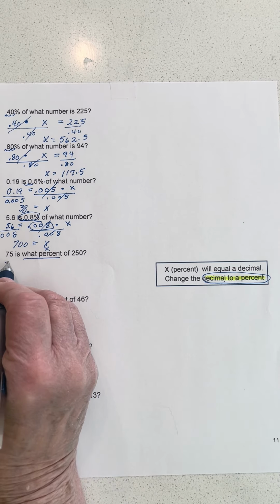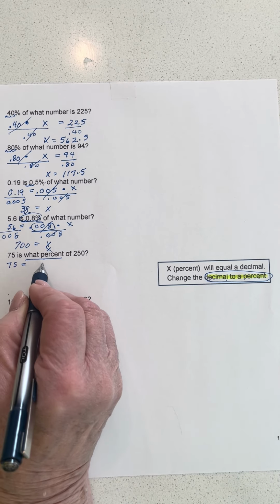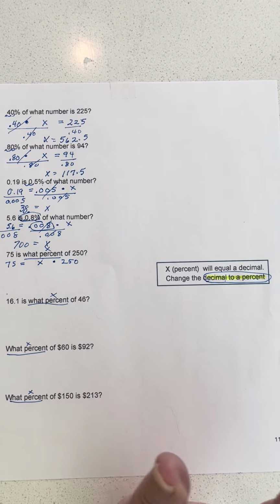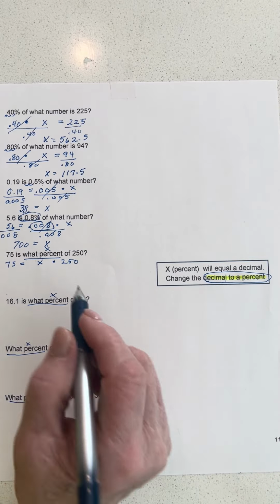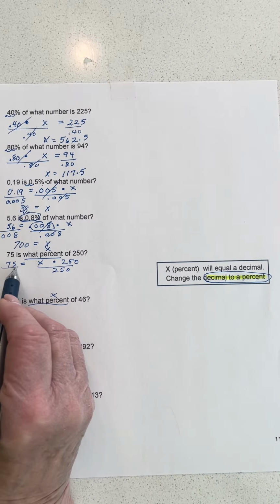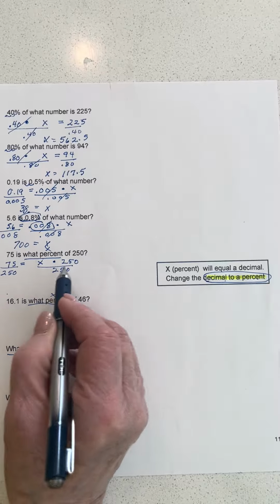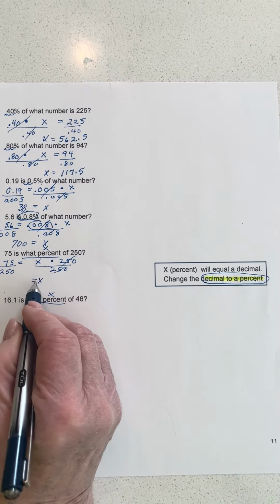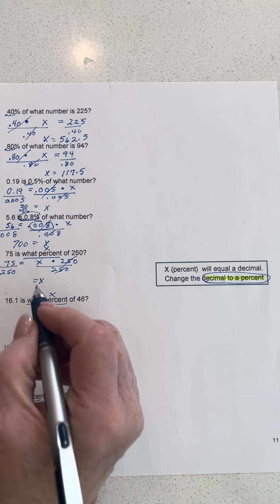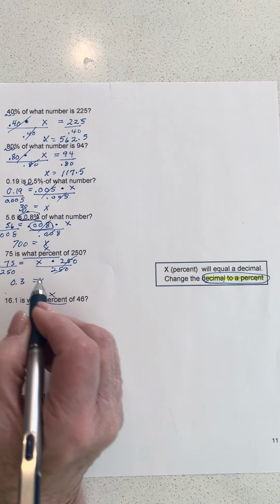So here we go. 75 is what percent of 250? So that's easy. We're going to divide both sides by 250. So we have 1x is equal to, and I'm going to get a decimal. 75 divided by 250 is going to be this decimal, 3/10.